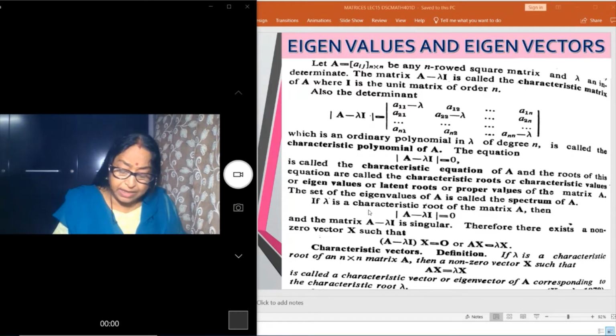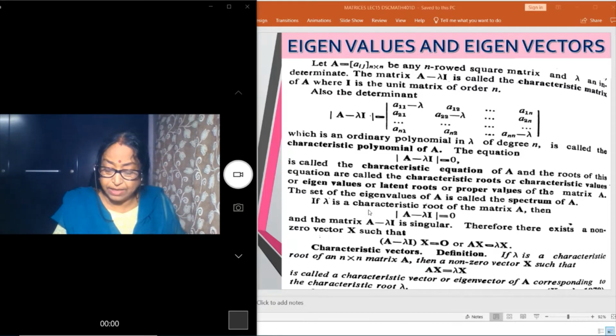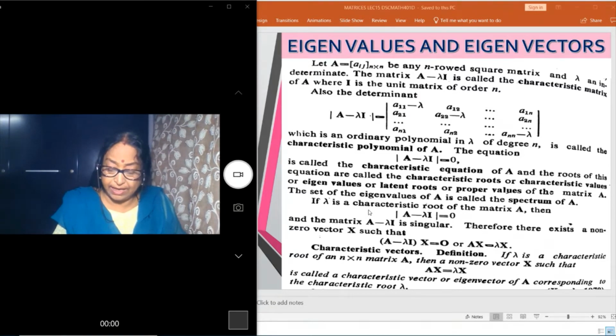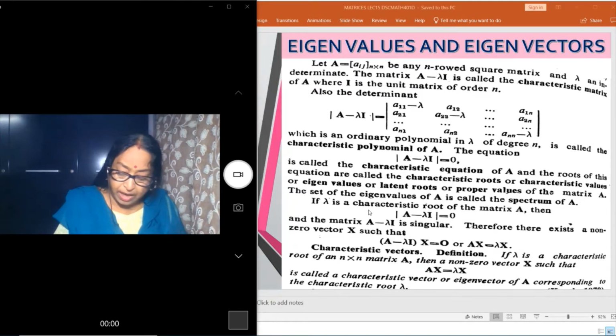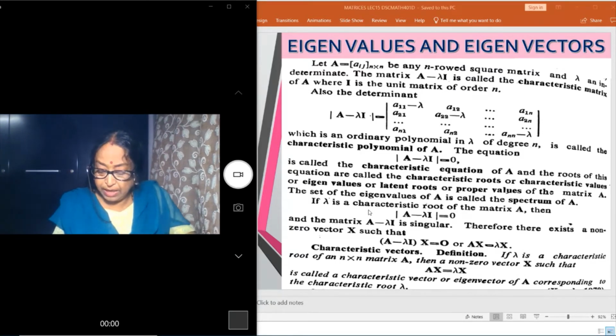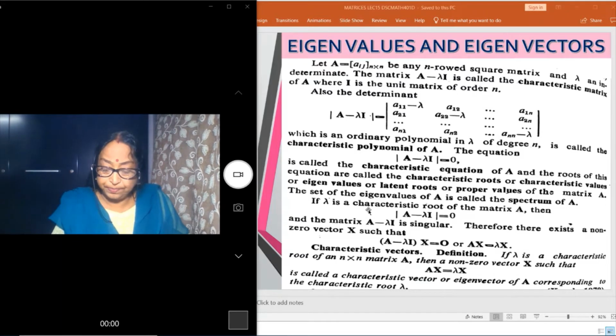If lambda is the characteristic root of an n cross n matrix A, then a non-zero vector x such that Ax = lambda x is called the characteristic vector or eigenvector of A, corresponding to the characteristic root lambda.